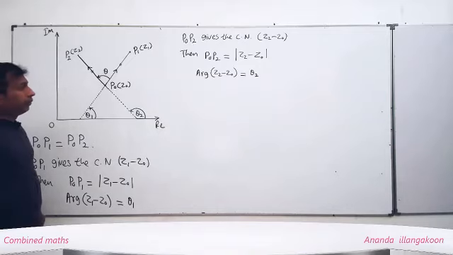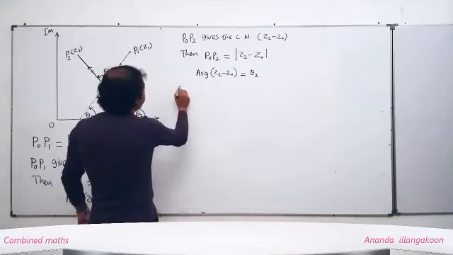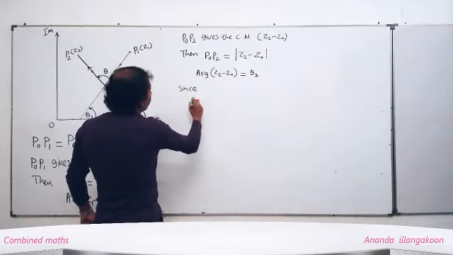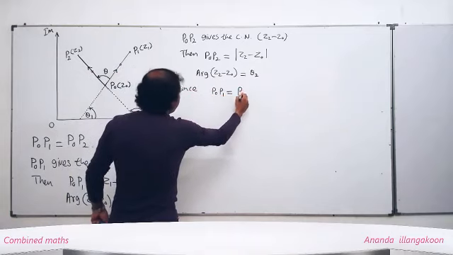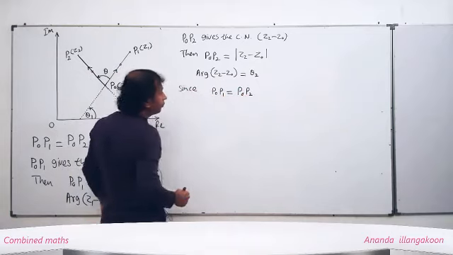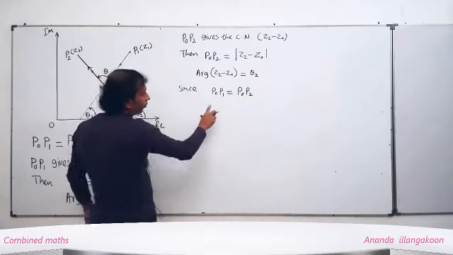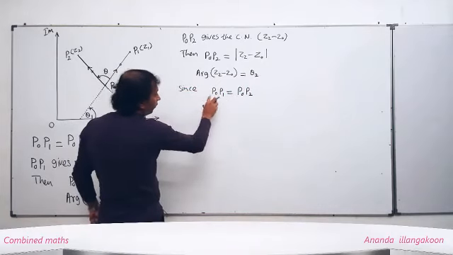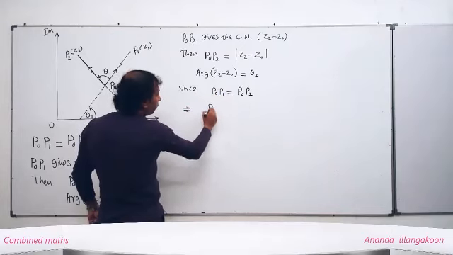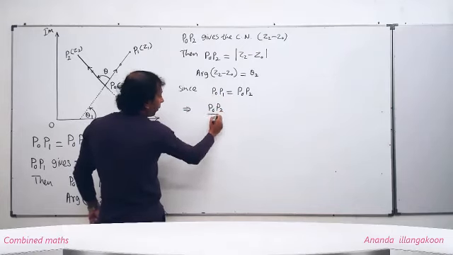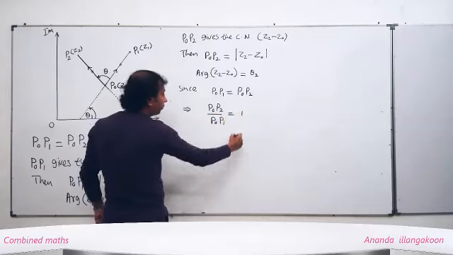Right. Now you can write, since P naught P1 is equal to P naught P2, dividing P naught P2 by P naught P1, this is 1.